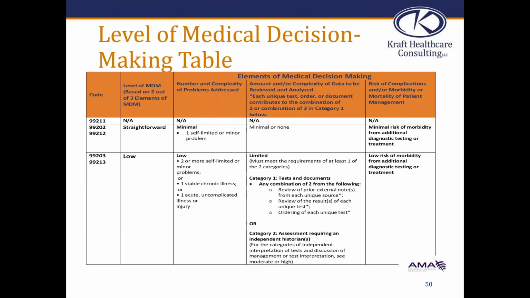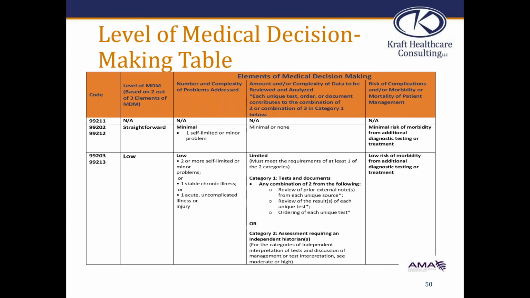And here is the level of decision-making table. I also attached the official AMA one to the materials, and it's available for download, just for you to be able to see it, because on the slides it's pretty small. But straightforward typically means a self-limiting problem. Low, it's stable, it's uncomplicated, it's typically a single problem.